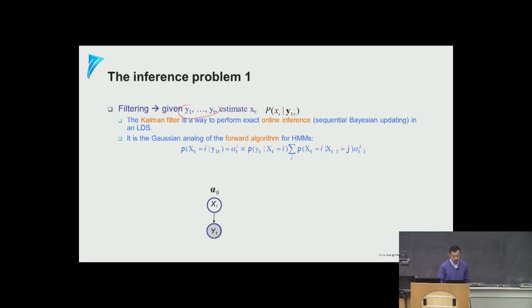And then you want to estimate the precise location in the real world of that object. So that's an inference problem. It's called filtering. Given all the positions up to now, I want to estimate the true position of that object at this particular moment.